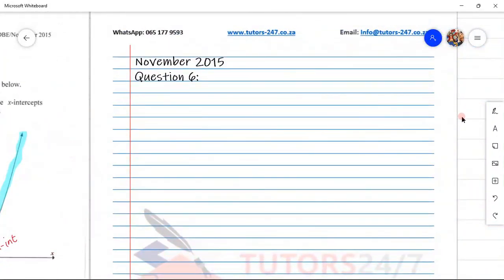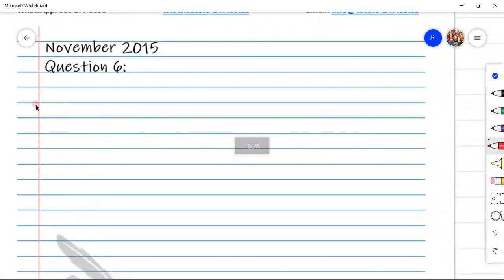So question 6.1.1. We've got f of x equals negative 2x squared plus 18, and we need to find the y-intercept, which means x is going to be equal to 0.